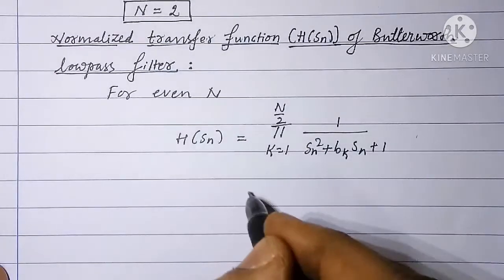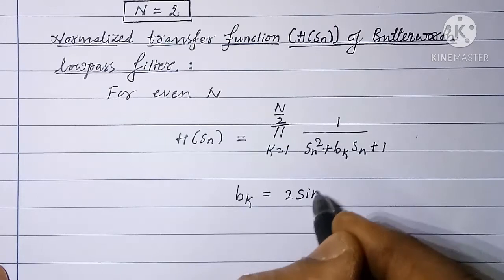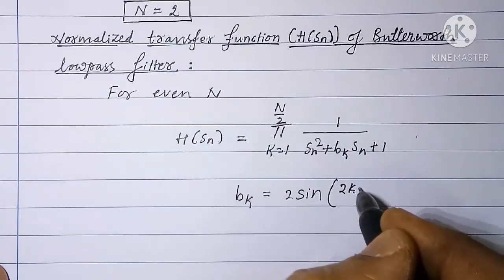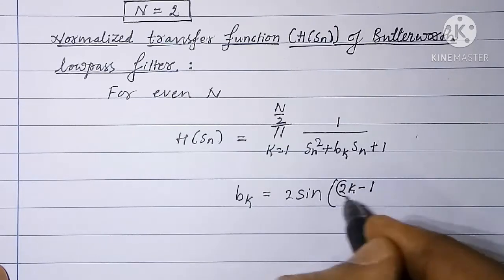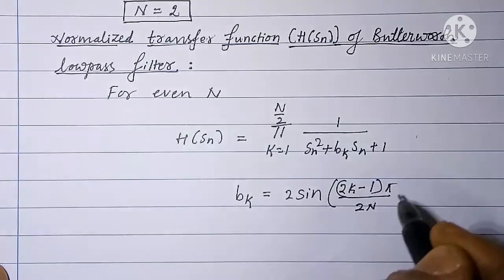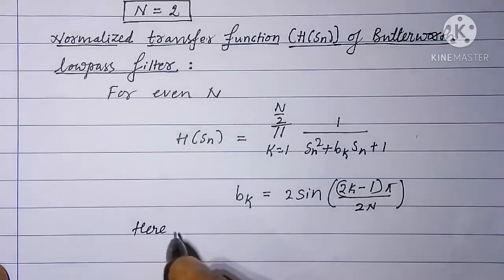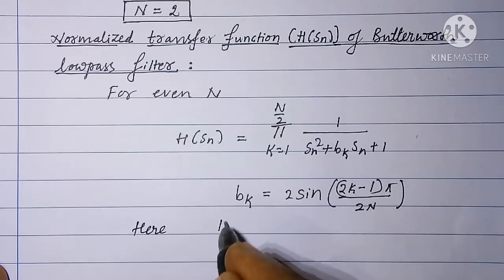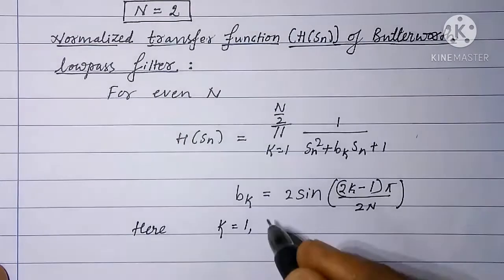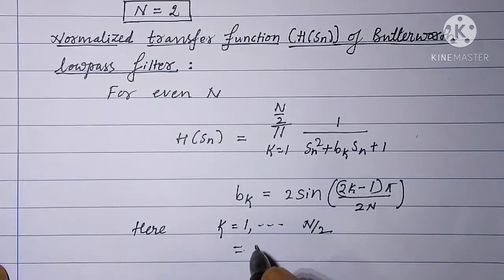where bk is equal to 2 times sine of (2k minus 1) into pi by 2n. Here k is equal to 1 to n by 2, that is k equal to 1 to 2 by 2, that means 1 only.